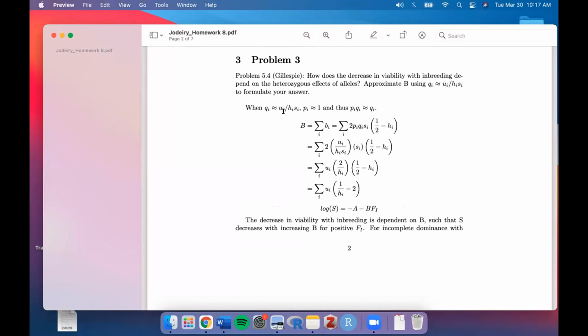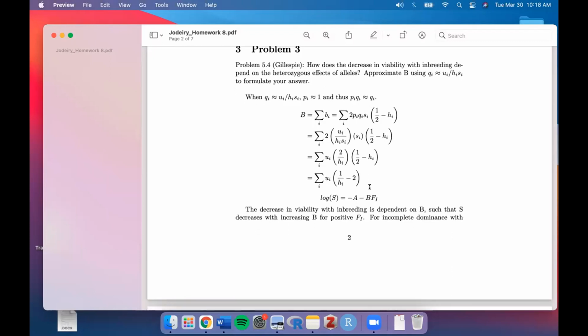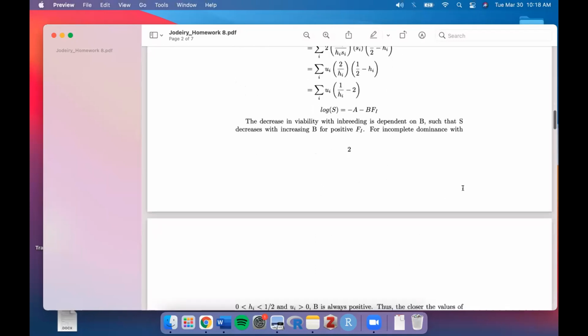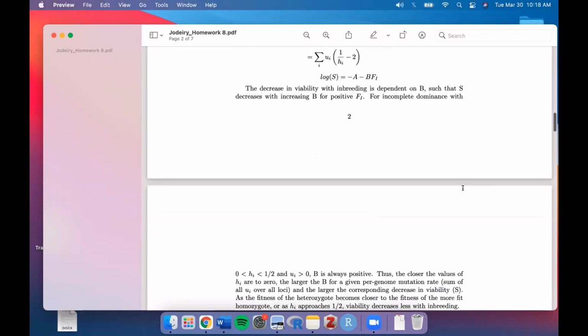Additionally, when you make this approximation, you're assuming Q is very small, so P is approximately 1, so PQ is approximately Q. So I made those substitutions, plugged them in, and I get this formula for B in terms of H. My interpretation of this was that this is one of the formulas for S that is in the textbook for viability.